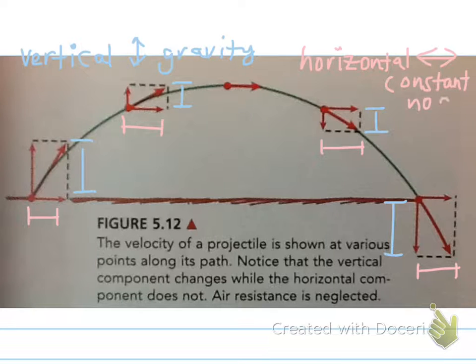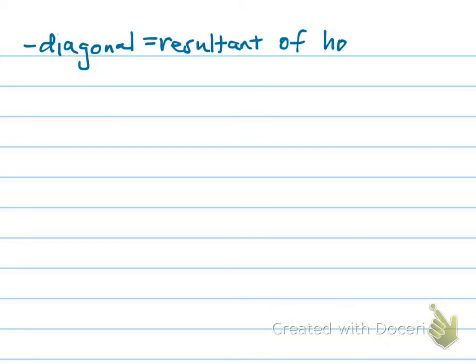There's no acceleration. So some other notes that I want you to make about this and to notice is that the diagonal is the resultant of the horizontal and vertical components.